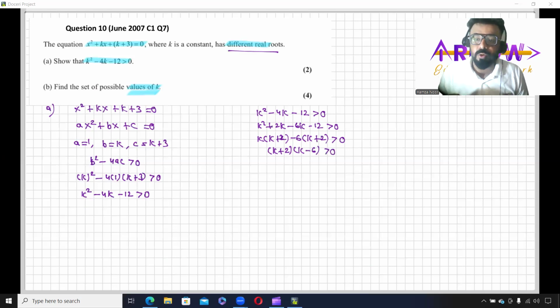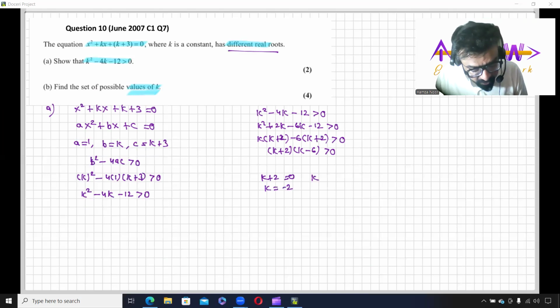Okay, so you have a specific way to solve quadratic inequalities. Whenever you solve quadratic inequalities, you need to take the help of a sketch of the quadratic graph. This inequality is in terms of k. So first of all, I'm going to equate both of the factors with 0. k plus 2 equals 0, so k equals minus 2.